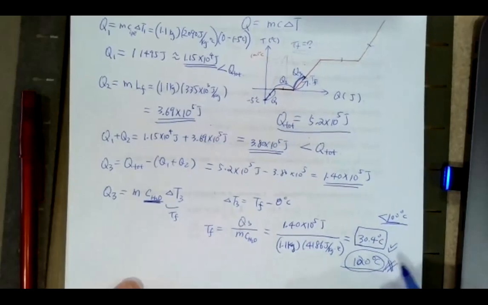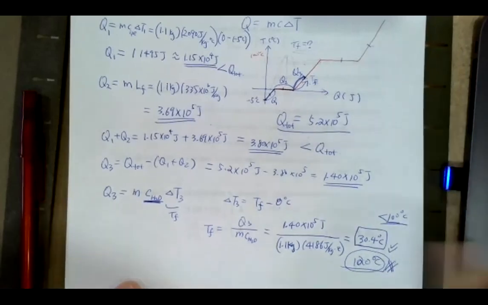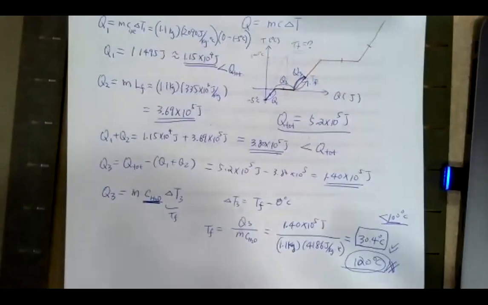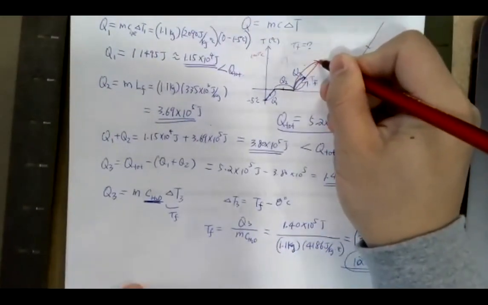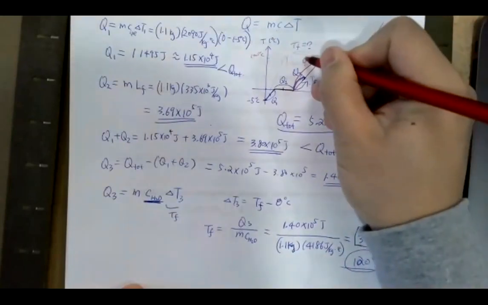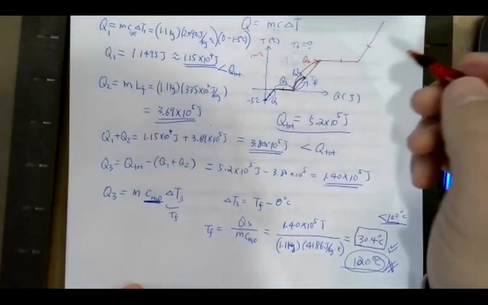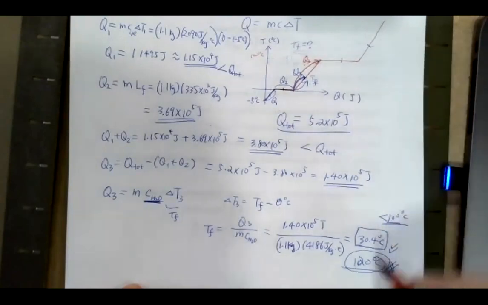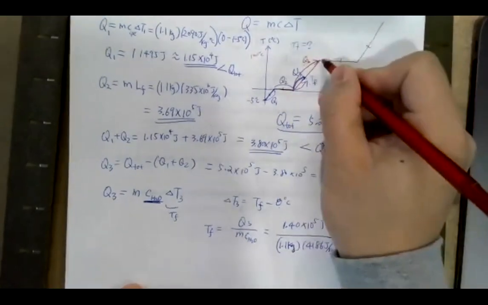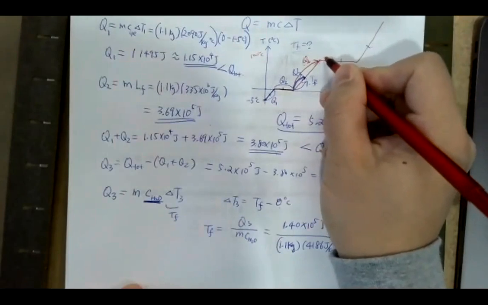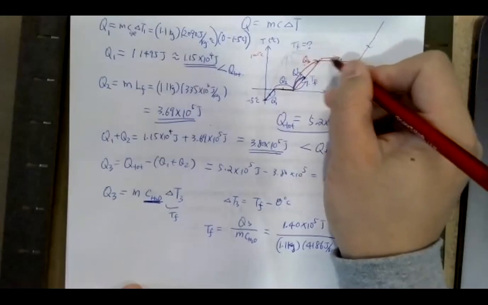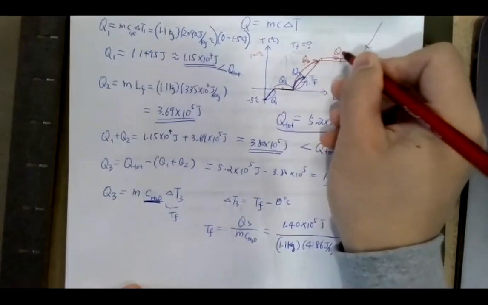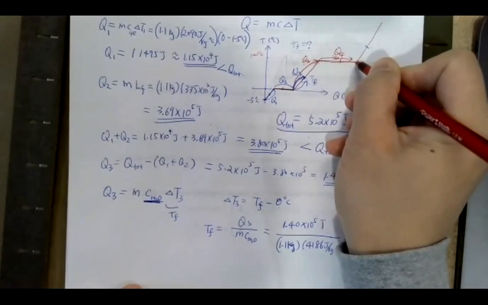So in that case, if it turns out to be more than 100 degrees Celsius, then your water will reach the boiling temperature, all right? Then you have to calculate that Q3, and because you have more than 100 degrees, it's at least going through partial vaporization. So you want to find the total Q needed for full vaporization.